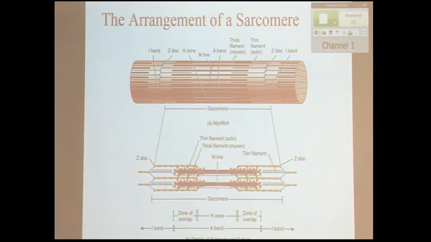Because if you can imagine, if you pulled your muscle, spread those Z discs apart, what would happen to the myosin-actin overlap? Would it go away, get bigger? What do you think? Imagine you're taking these two Z discs and pulling them left and right. What would happen to the amount of overlap between yellow and red there?